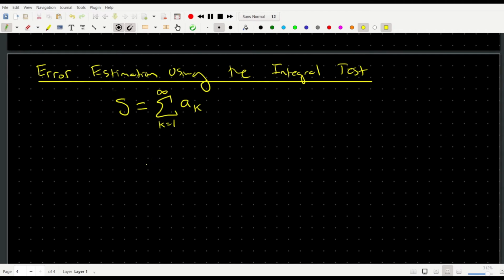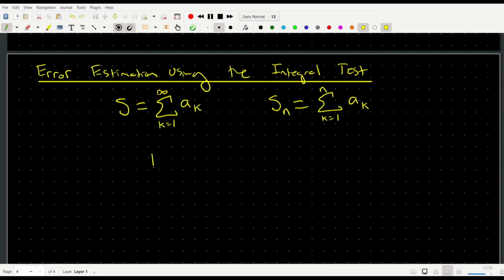If we truncate this series, so we only sum up the first n terms of this series, consider the nth partial sum, Sn. This is equal to the summation from k equals 1 to n of ak. And typically in practice, this is what we can calculate using a computer or just by hand.